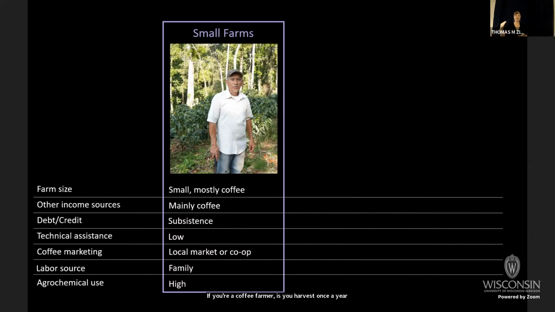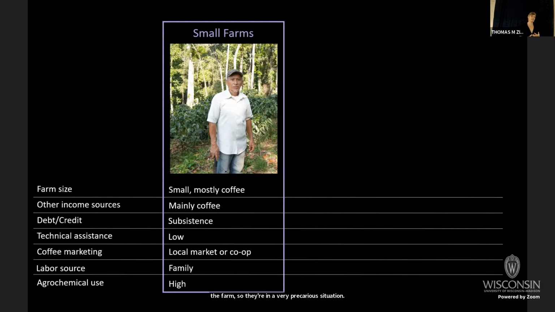So when that lump sum runs out, then they start borrowing against the next year's crop for their subsistence needs. And they get locked in this cycle of debt and credit, where 1 or 2 years of bad crop or crop failure could make them lose the farm. So they're in a very precarious situation economically.